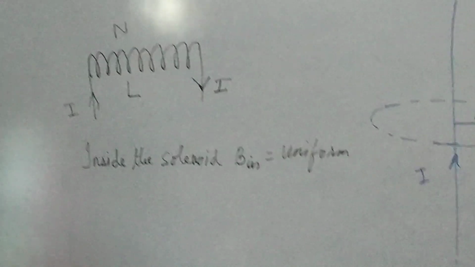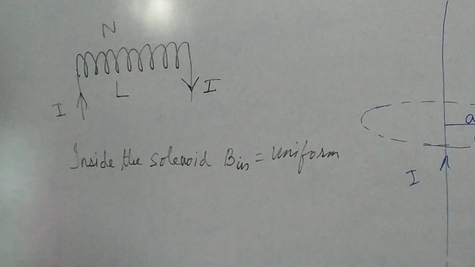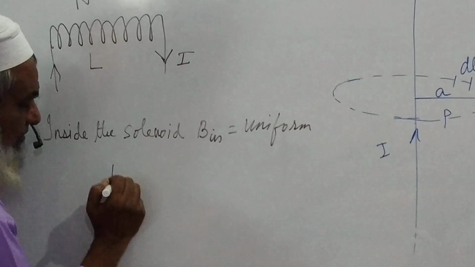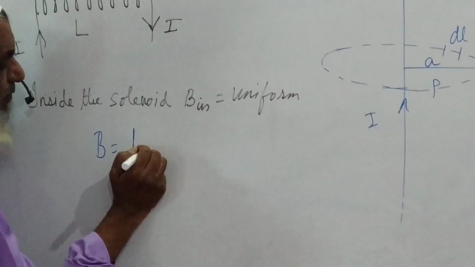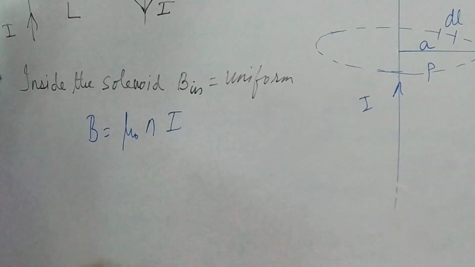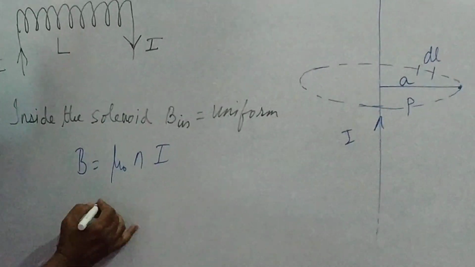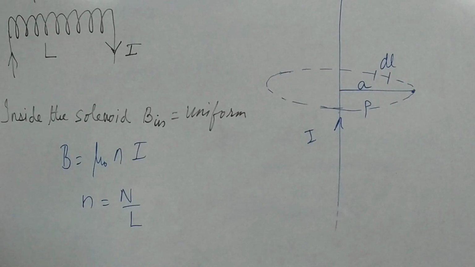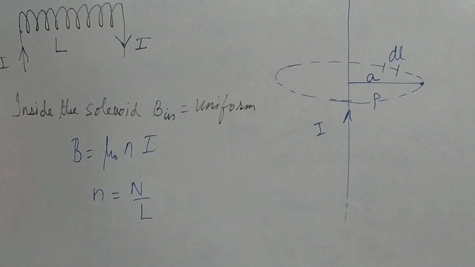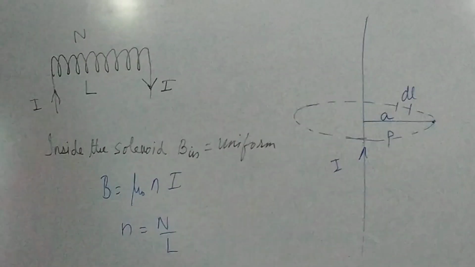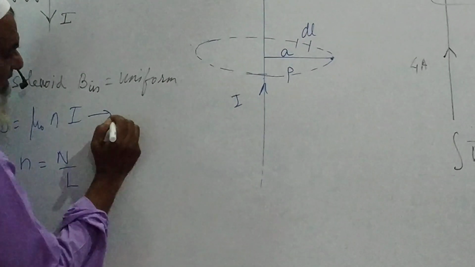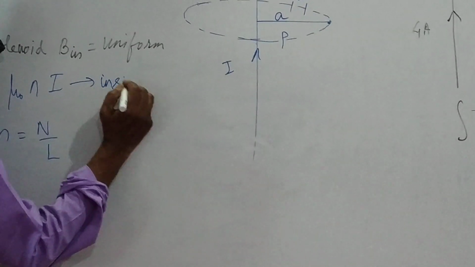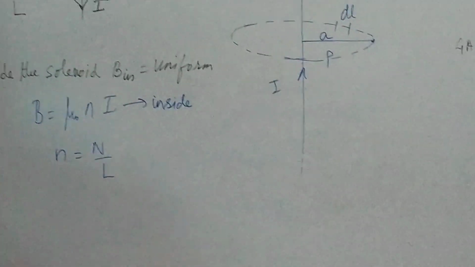And then if he asks what is the value of that magnetic induction, I can write B is equal to mu naught into n into I, where small n is not the number of turns, but the number of turns per unit length. So this is the magnetic induction inside the solenoid. This value remains uniform at all points inside.